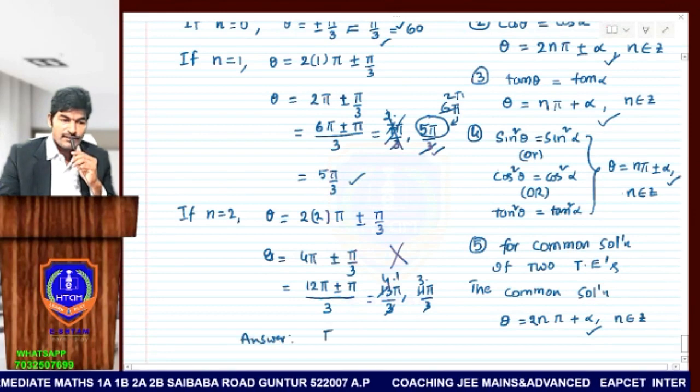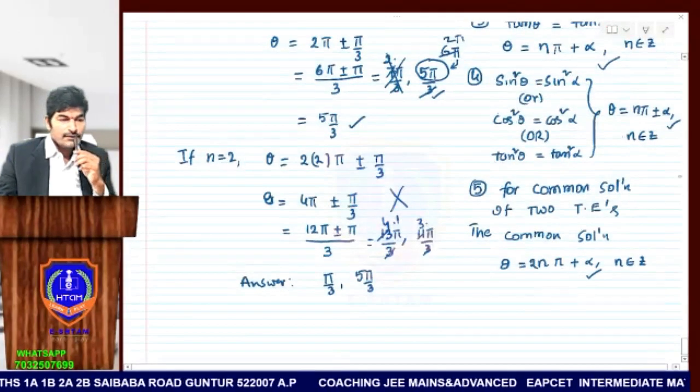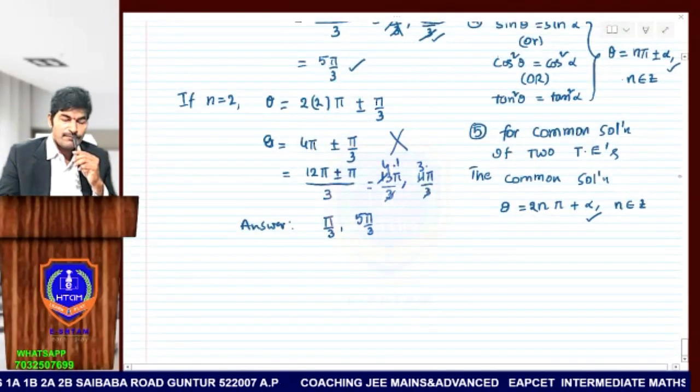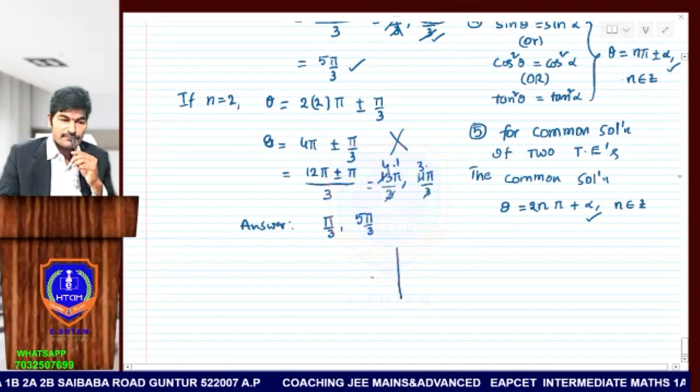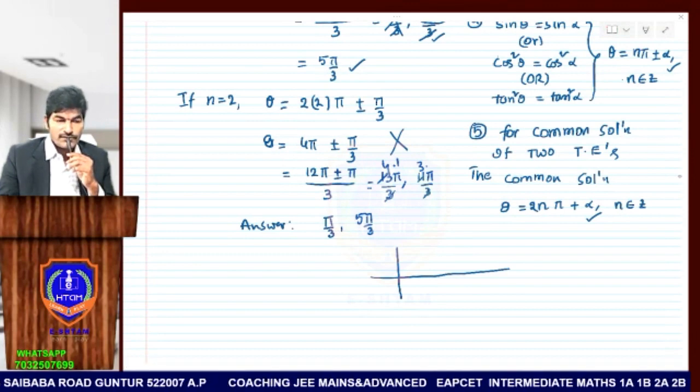Answers will be the first value pi by 3, and the second value 5 pi by 3. You can also confirm the same answer by drawing a rough graph. For that you need some idea about cos. At 0, cos will be 1.